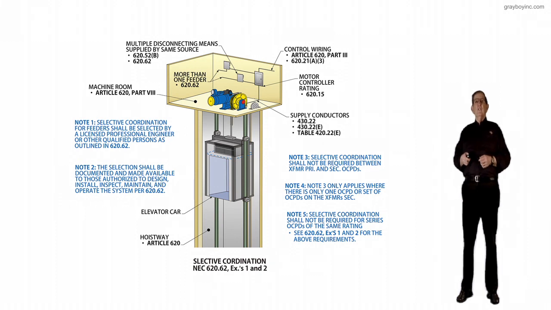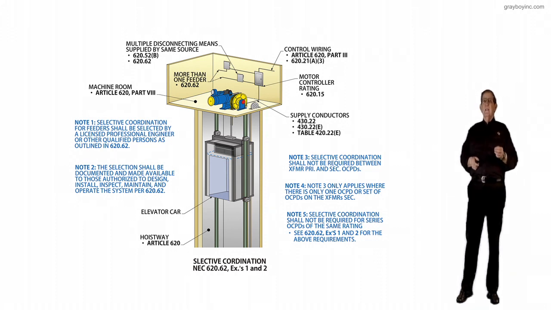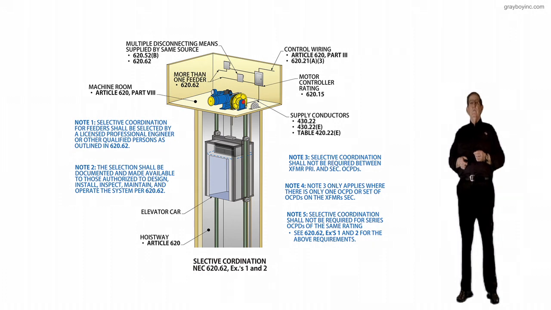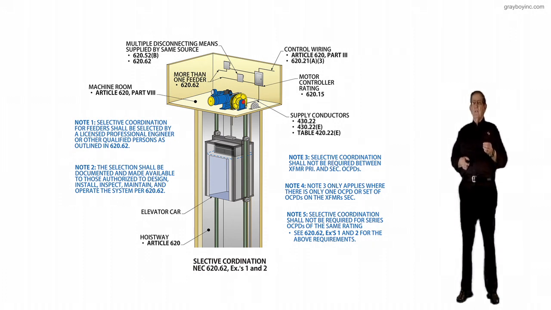Now, note 1, selective coordination for feeders should be selected by a licensed professional engineer or other qualified persons as outlined in 620.62. Now, selective coordination, you're really supposed to know what you're doing.